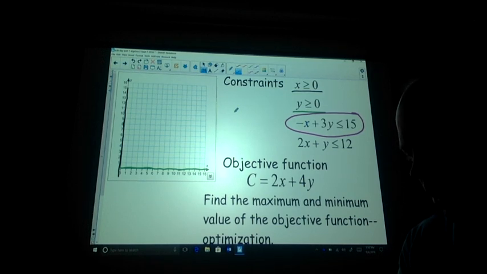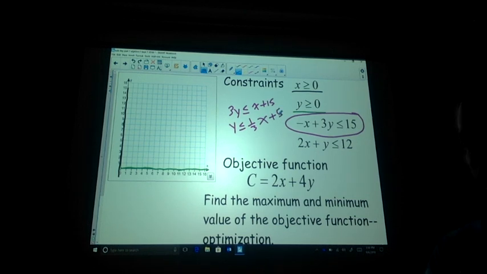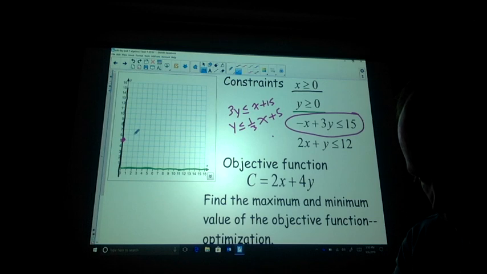Maybe we should break this up: 3 is less than or equal to x, adding x to both sides, plus 15. And then y is less than or equal to 1/3 x plus 5. I'm just solving this equation to get that. So I have positive 5 as my y-intercept and a slope that goes up 1, right 3.